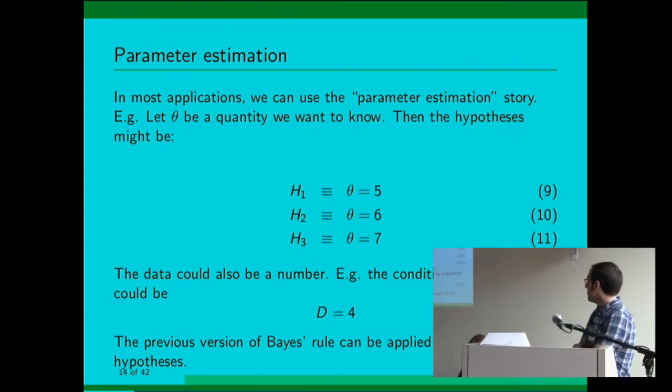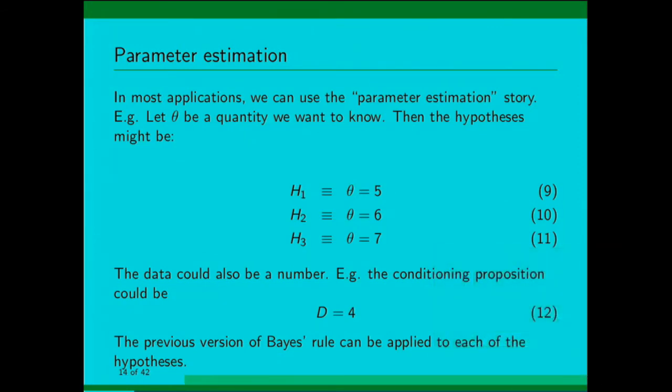So in most applications, it's easiest to use Bayes' rule in that form with the probability of HI given D. And one of the most common applications of Bayesian inference is to a subject that is sometimes called parameter estimation, which is just the idea that we want to know the value of some quantity.